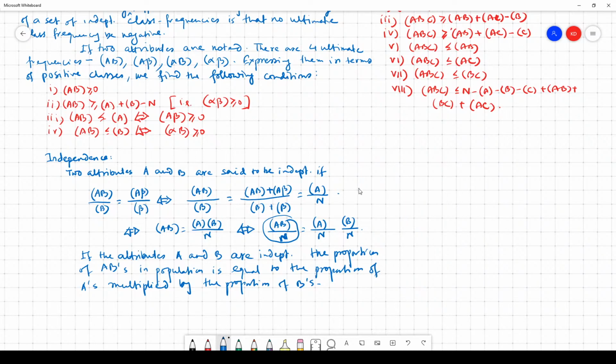So we can represent this in a table. These are the attributes A, B, present, absent, and this is total.